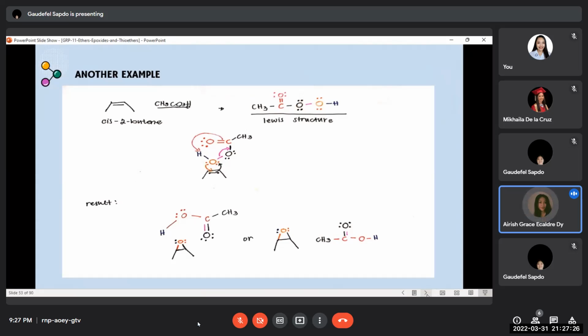So in here, the brown arrow is responsible for the orange atom, and at the same time, the orange atom is going to use one of its own pairs to attack the carbon atom. The left carbon atom has a positive charge. That's why the oxygen attacks on it.